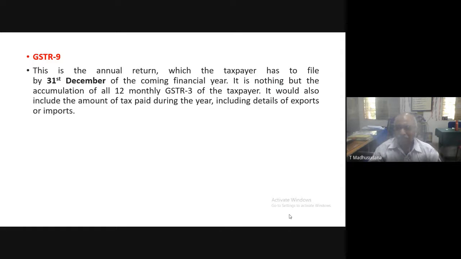So if you club together the 12 months GSTR 3, then GSTR 9 is created. That means it would also include the amount of tax paid during the year, including details of exports or imports.